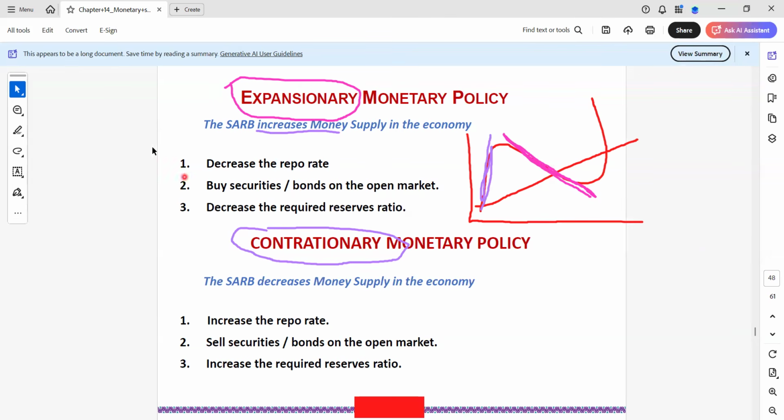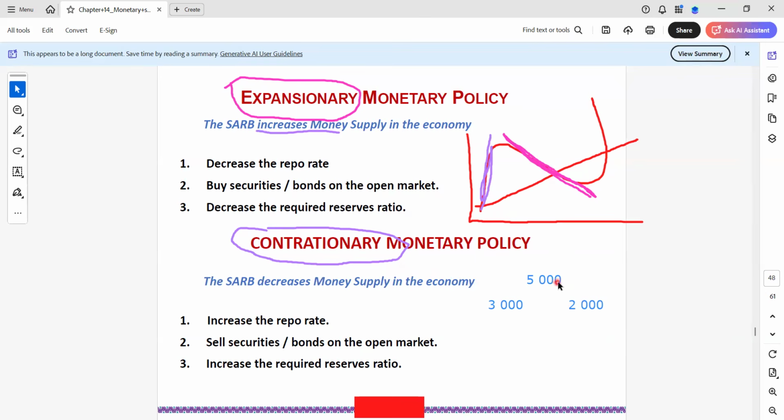Let me just make an example. I'm going to write here, let's say 5,000, then 3,000, and then 2,000. So the cash reserve ratio, remember I said it's the amount of money that banks are required to hold.